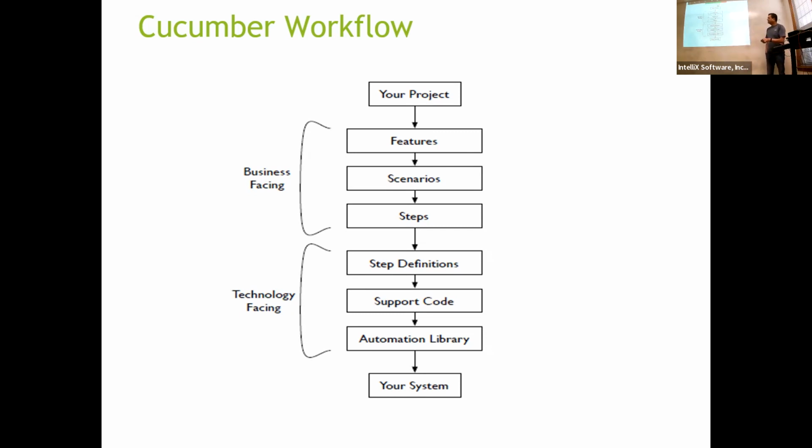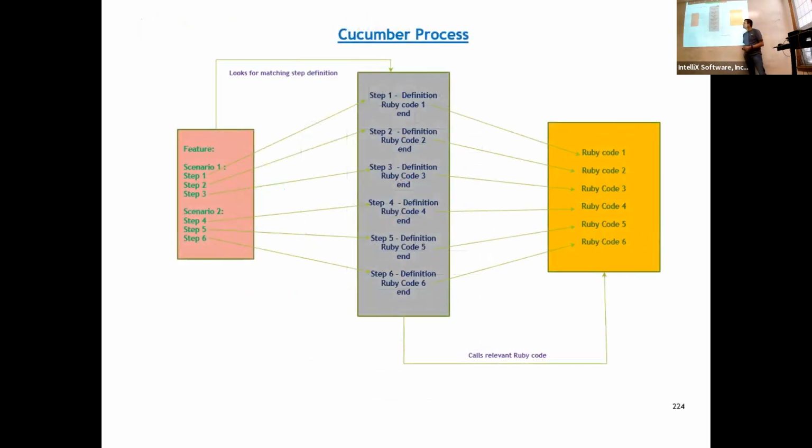Okay, but for now, business facing, technology facing requires Ruby programming or Java programming or whatever programming. But this part doesn't change. The backend part depends on the programming language, you will write it differently. I don't think you guys can see it properly, but you can check in your diagram, right?